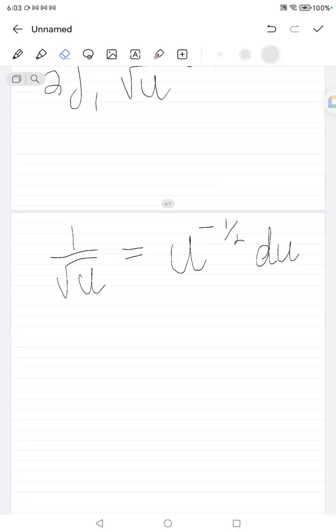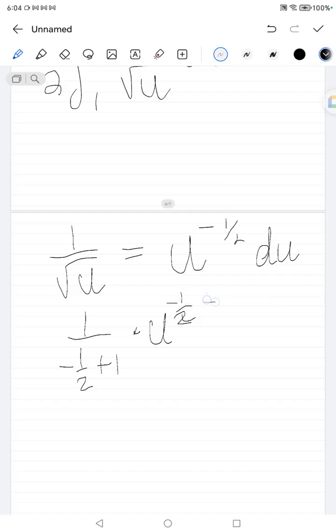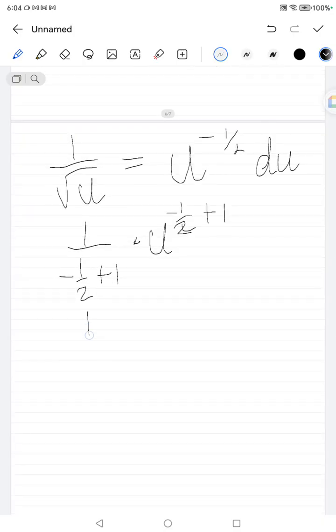So you now know that you're going to be having 1 over minus 1 over 2 plus 1 multiplied by u to the exponent minus 1 over 2 plus 1. So you're going to get 1 over minus 1 over 2 plus 1, it still gives you 1 over 2, then multiply by u to the exponent minus 1 over 2 plus 1, still going to give you 1 over 2.